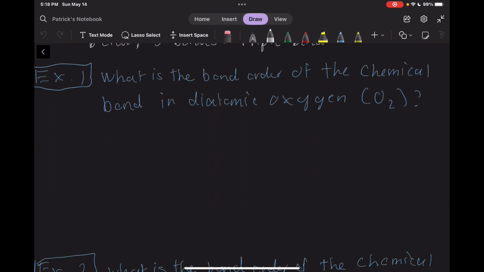Let's get into some example problems to make sure we haven't lost ourselves. Example 1 says, what is the bond order of the chemical bond in diatomic oxygen, or O2? Feel free to try this one yourself. We know that a single oxygen atom has 6 valence electrons.